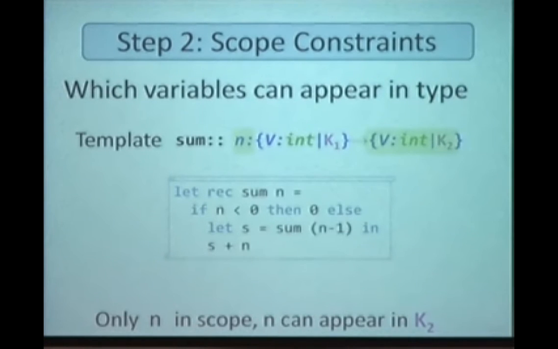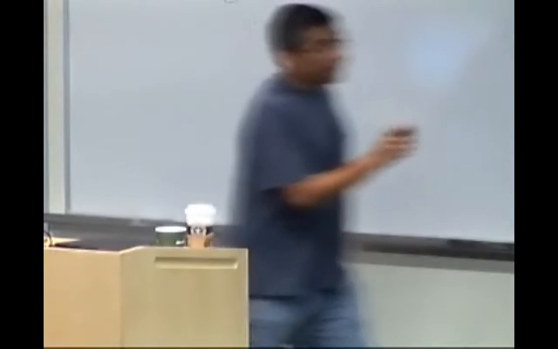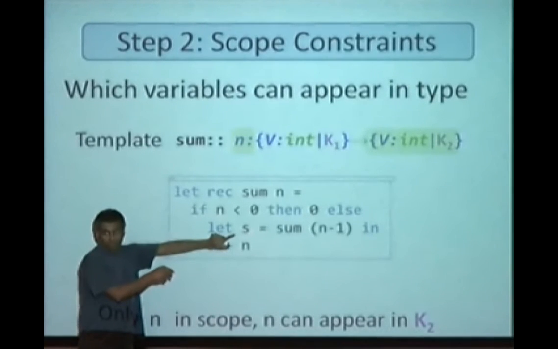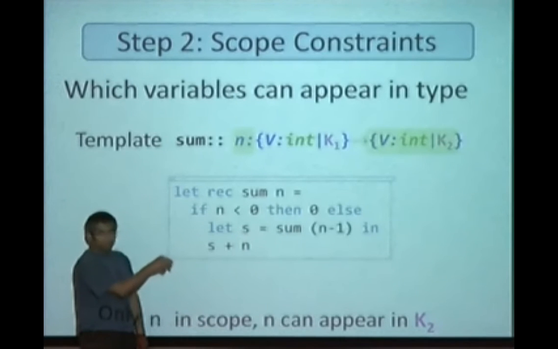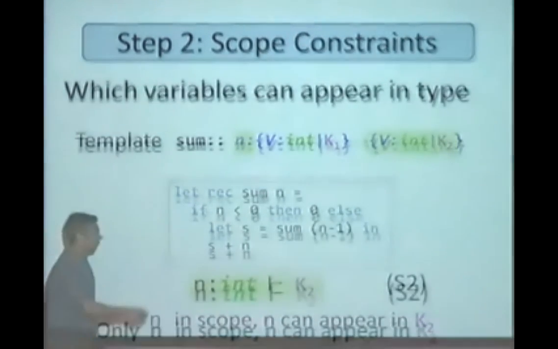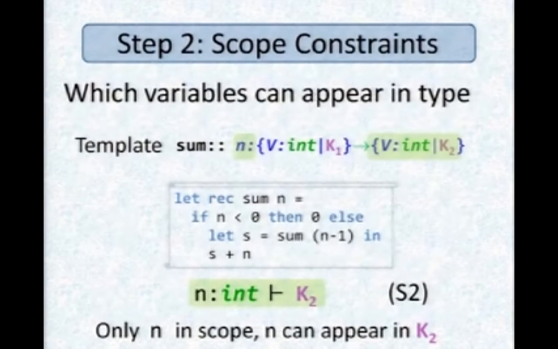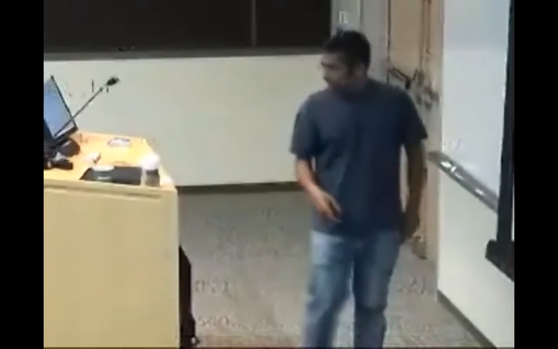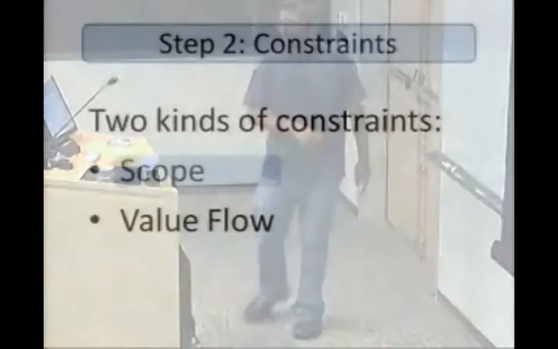Mind you, s is not in scope when describing the output of this function because s is a local variable of this function that should not be exposed externally. So the scope constraint on K2 is that K2 must be typed in an environment where n is known to have the type int. These are two very simple scoping constraints.